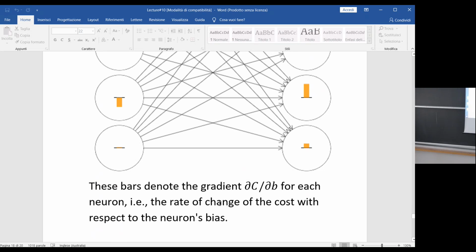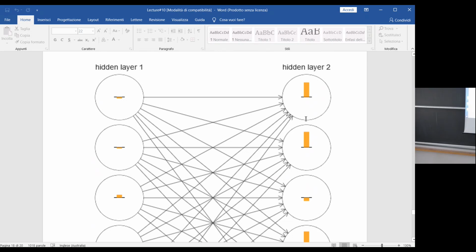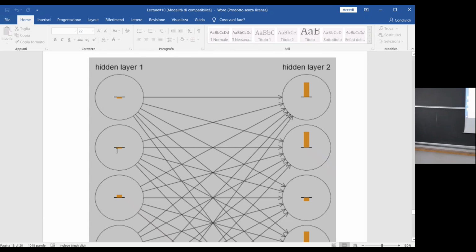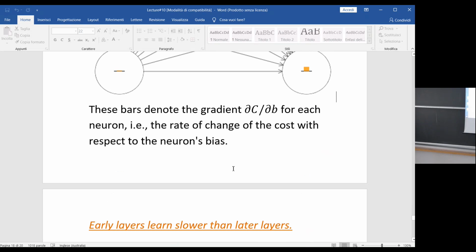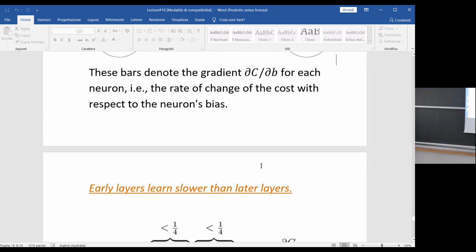We can see that where the bar is long, the neuron can learn very well. But when the gradient is near 0, the neuron doesn't learn at all. So this is a problem.